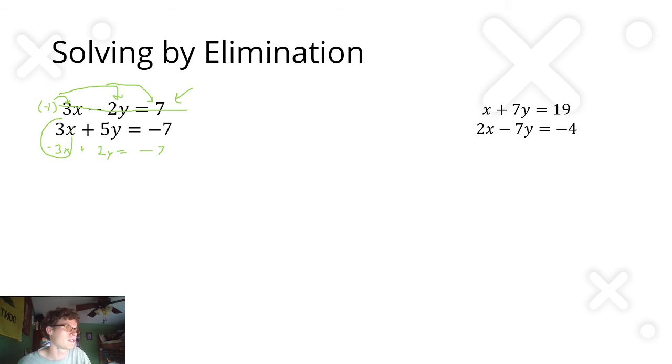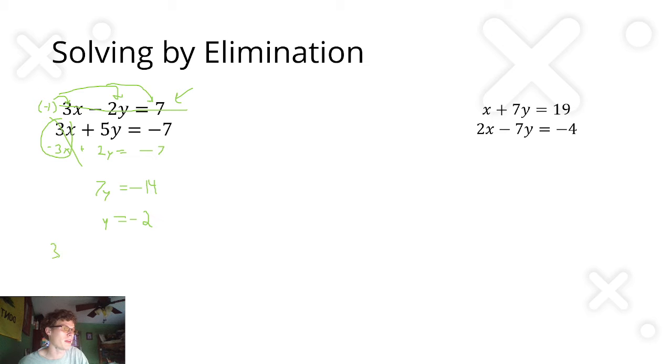I can take out these variables because they are opposites, negative 3 and 3. So 7y equals negative 14. Dividing both sides by 7, y equals negative 2. Once I have that, I can plug it back into one of my equations, and I'm going to plug it into my first one that was not manipulated.